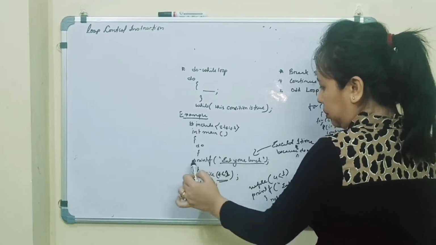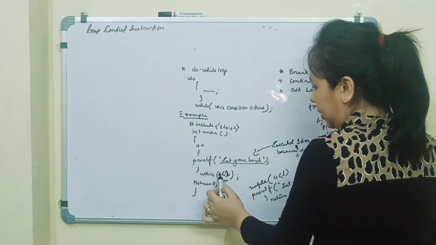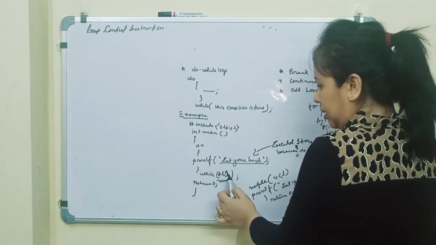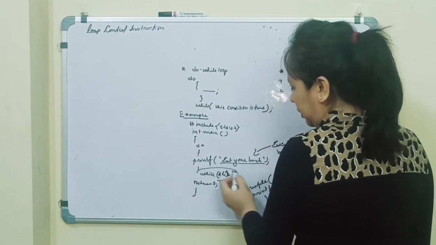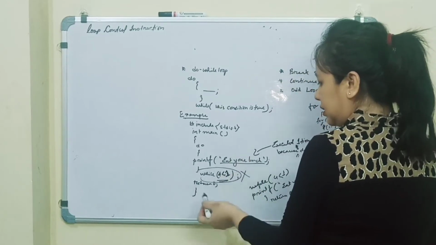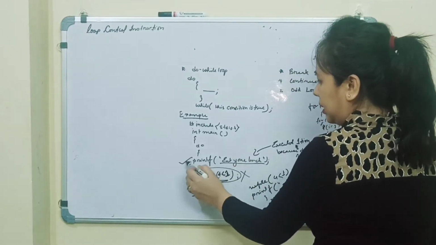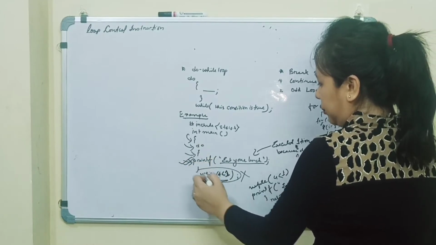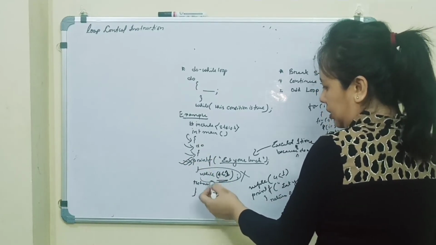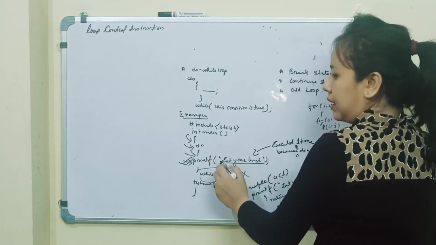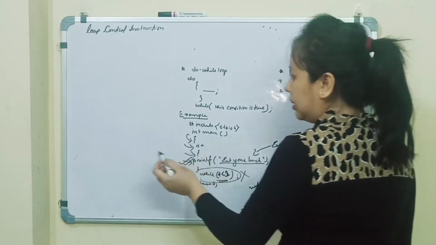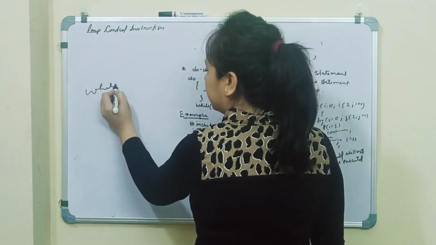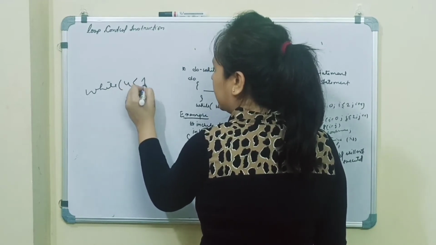Supposing here in the main function, do this thing, means print this on your output screen while 4 is less than 1. We know that this condition is false, but still this printf, since the execution of this line will come before checking the condition, this line will be executed at least once.